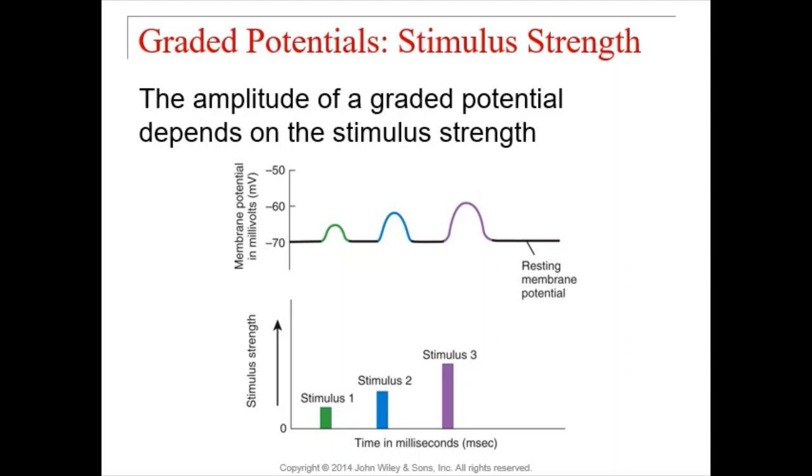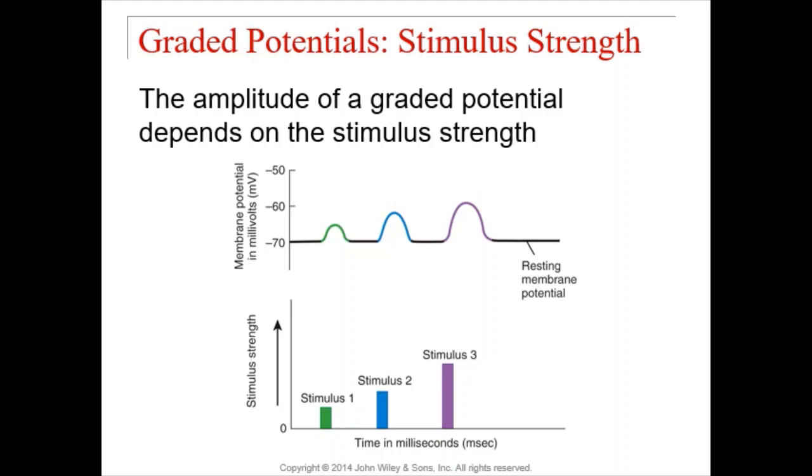But let's say instead of just getting pricked with a pin, maybe you're cooking dinner and you actually slice through your finger. That's going to cause a bigger stimulus for your body to pick up. And you're going to get a bigger amplitude in your graded potential. Basically, think a bigger spark of electricity. Because now your body needs to tell you that you're in more pain. So it needs a bigger stimulus and a bigger potential to help send that signal to the brain.